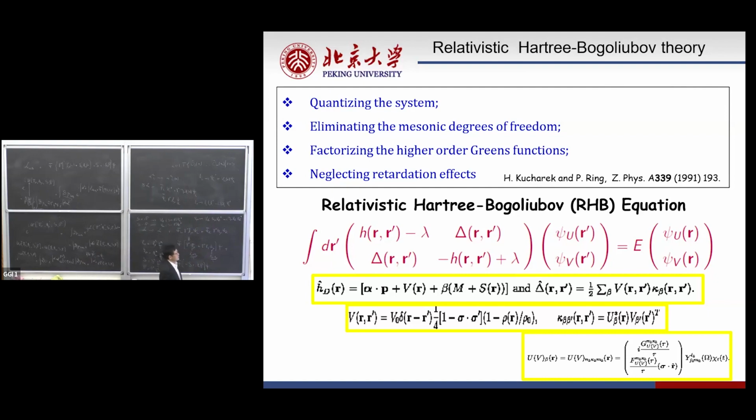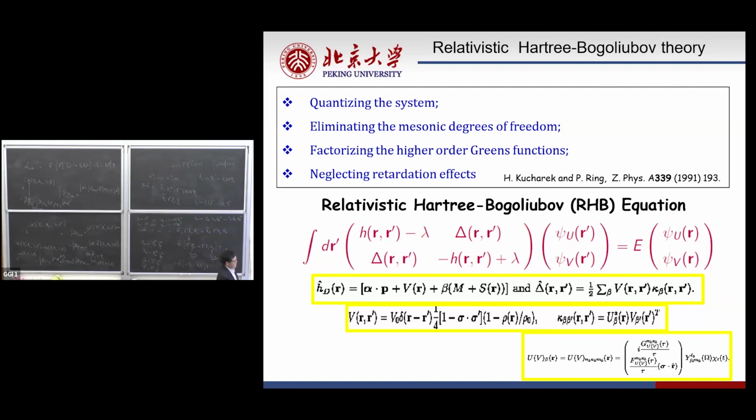And then you see here you have the Dirac Hamiltonian, and this delta is the so-called pairing potential. Yesterday, Nicolas Schenck already told us that this pairing potential is connected with the pairing interaction and the pairing tensor.